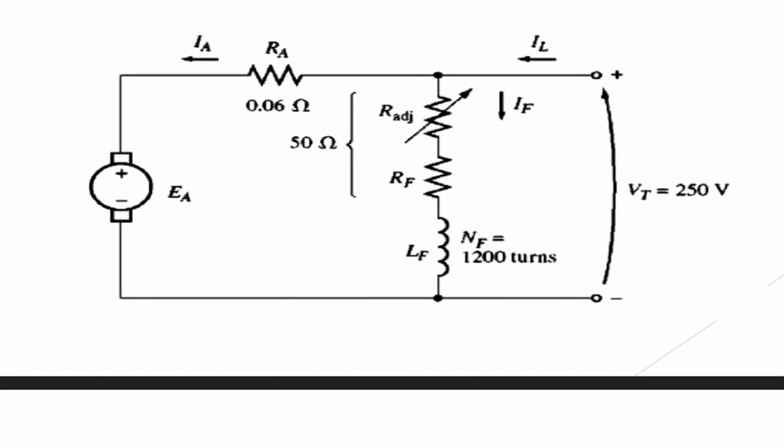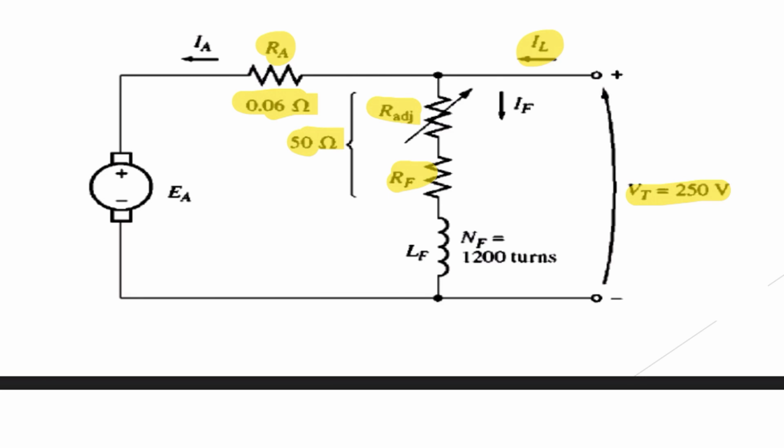By the way, this is the equivalent circuit for this example. This is VT 250, and we have IL going to the armature and the shunt here. This is both R adjustment and RF, 50 ohm, and RA will always have a low value, like 0.06 in our example.